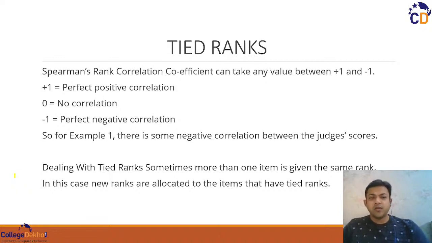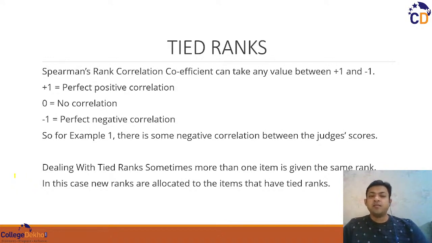If the correlation value comes out to be 0, it means there is just no correlation between them. They are not making sense. And in the third case, if the value comes out to be -1, it simply means that the judges have totally different opinions altogether. Okay.